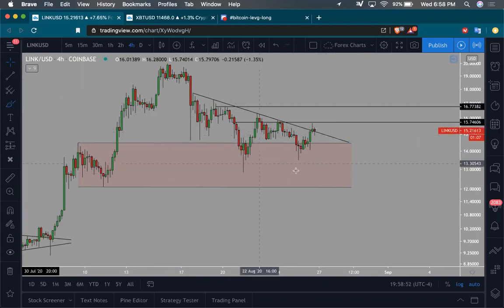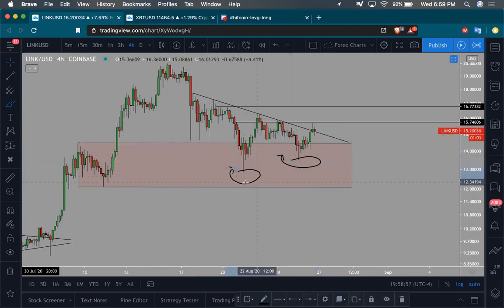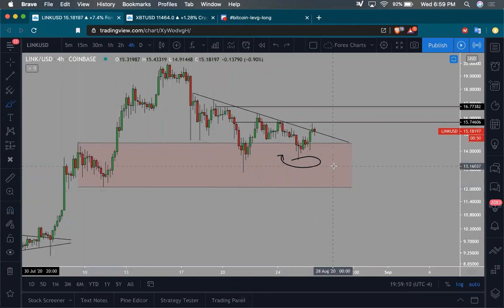And if that's the case, we're going to target these lows and these lows right here. There's probably a lot of liquidity sitting below this area and below this area, and possibly even below this area.